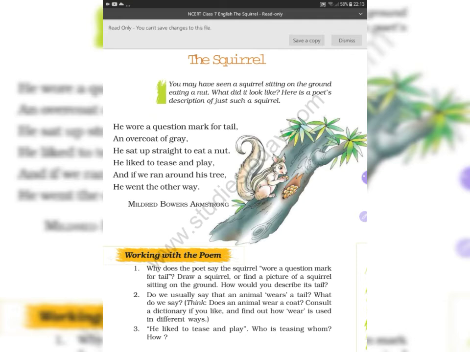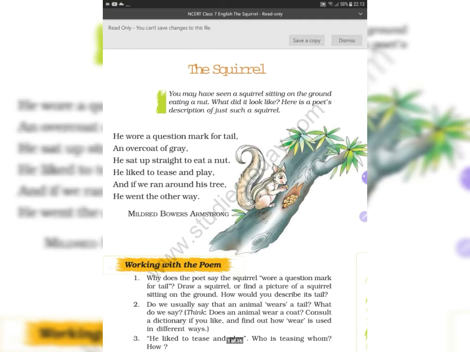Now the third line: he sat up straight to eat a nut. So dear student, have you ever seen a squirrel sitting? Yes, exactly, we are talking about the same. Like we can see here, it is sitting, right?